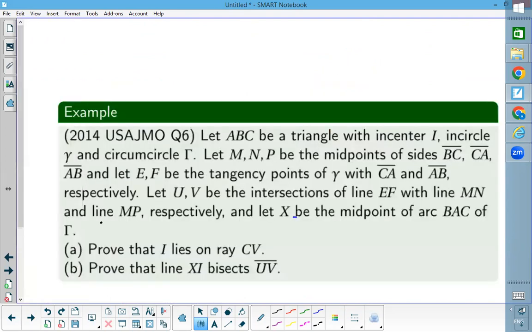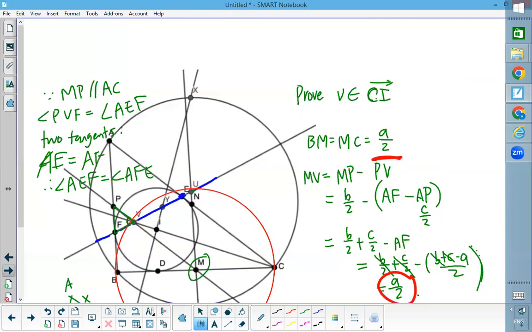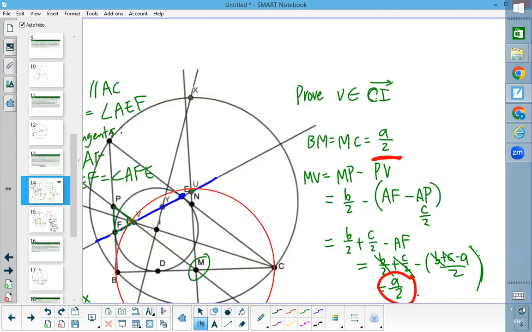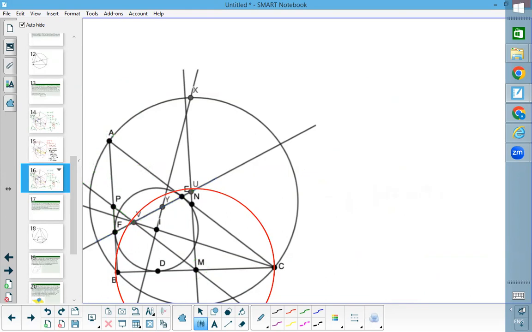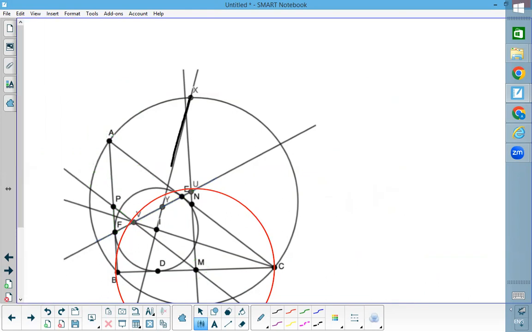You want to prove that I lies on the ray CV, which is VIC collinear. And then the next thing we want to prove is that the line XI bisects UV. So let's look at this diagram again. I'm going to duplicate the slide. So we want to prove that this line XI bisects the segment UV. Where's X?